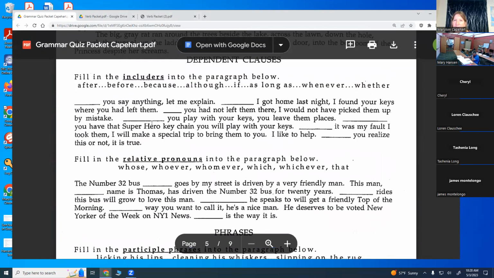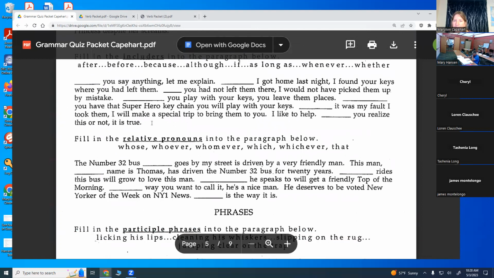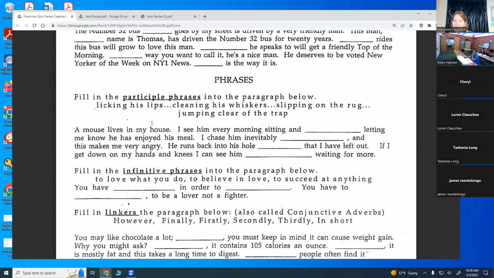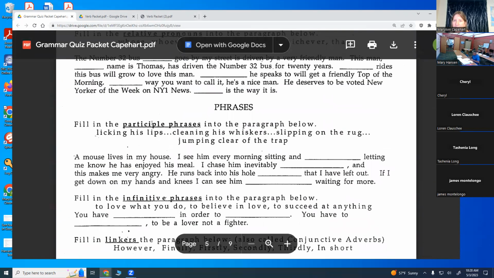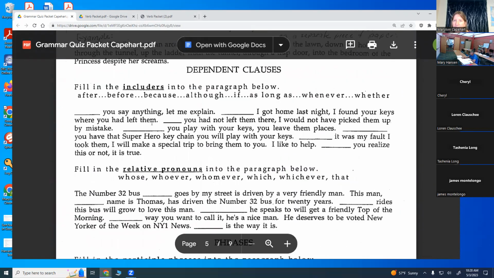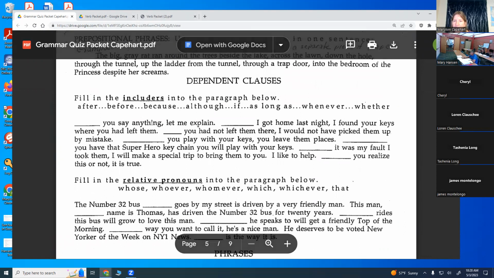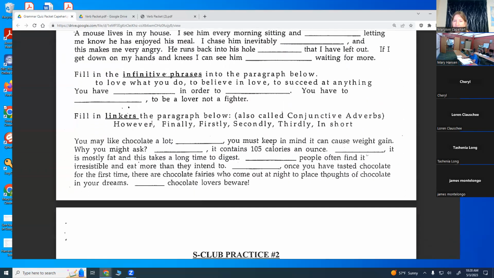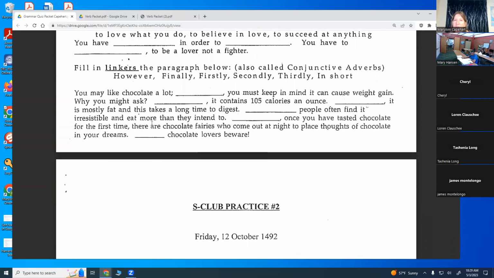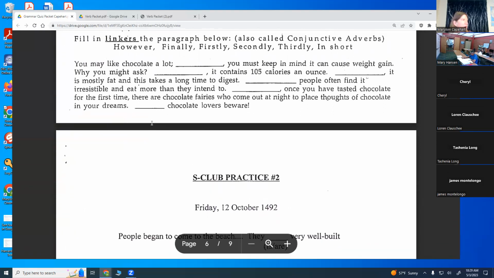We have these different kinds of things we talked about, includers. We have other kinds of things that are parts of a sentence, which we'll get into a little bit more later. Here, let's do the linkers one because we have talked about those a lot. We have talked about addition words.